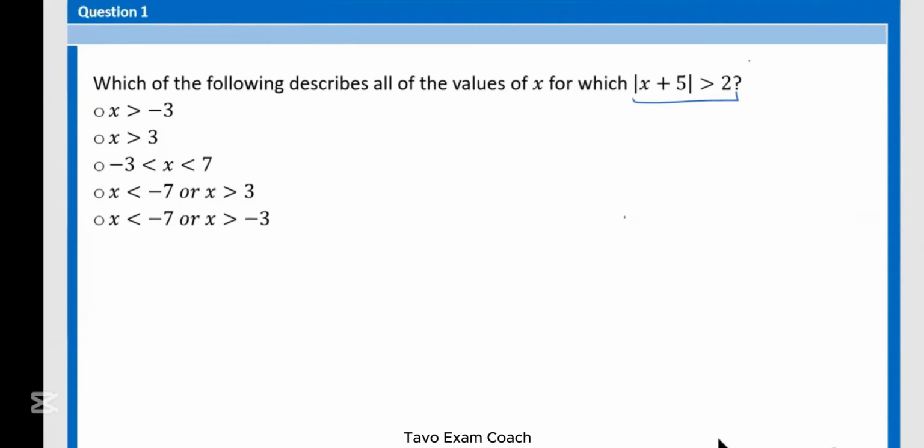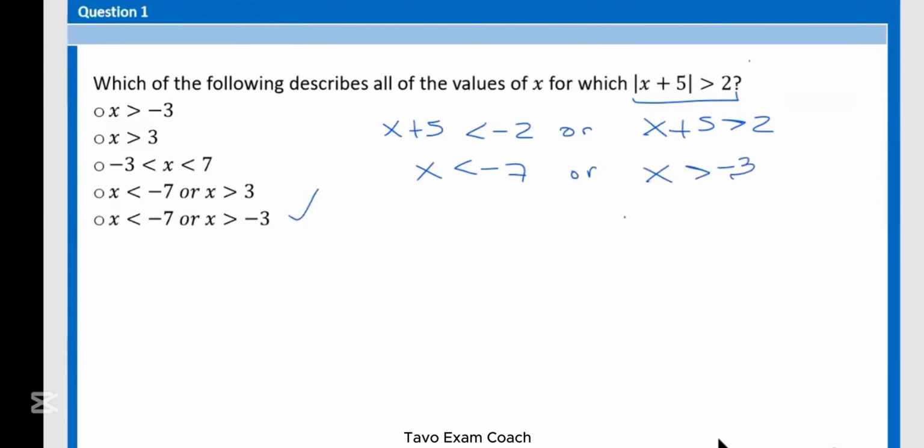For x plus 5 to have a distance greater than 2 from 0, then x plus 5 should be less than negative 2 or greater than 2. And from here, you know that x should be less than negative 7 or x greater than negative 3. It is the fifth answer choice.